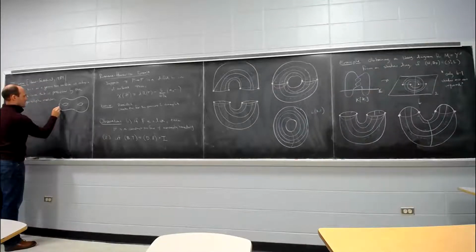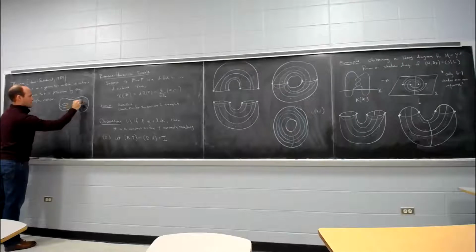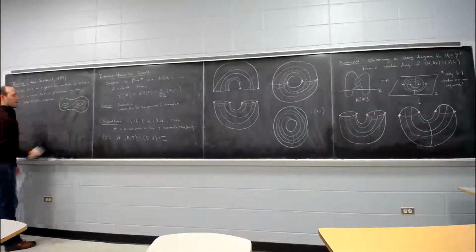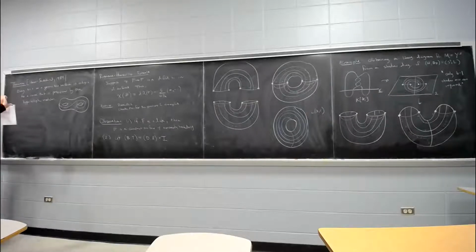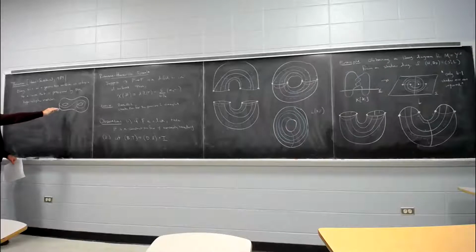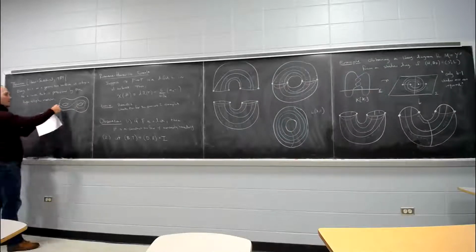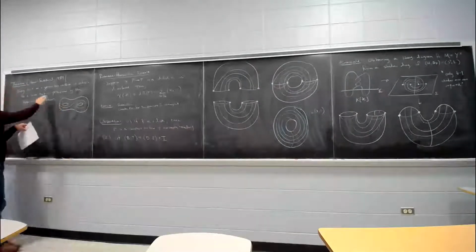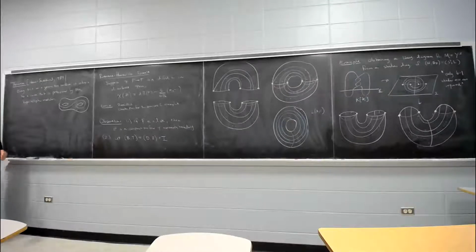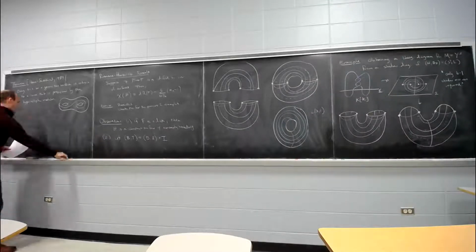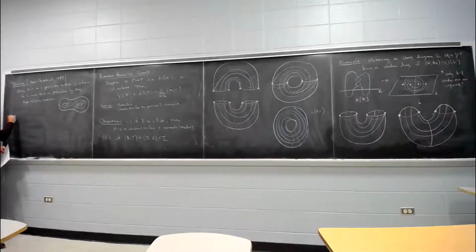It's probably going to look something like this, maybe. Something like that. That's an example of a curve that's preserved. This uses the hyperbolic geometry of the surface, and the fact that you can find a geodesic curve that's preserved by this involution.